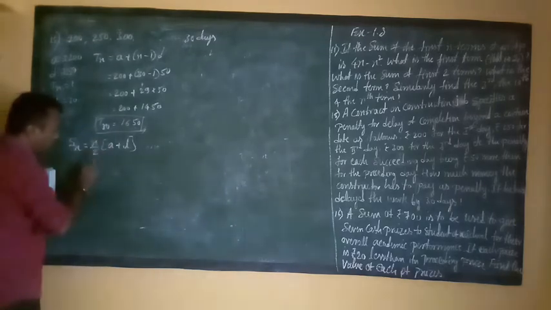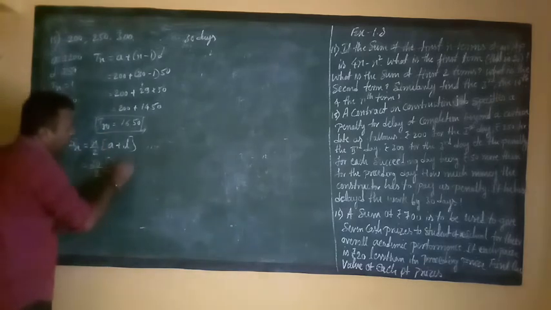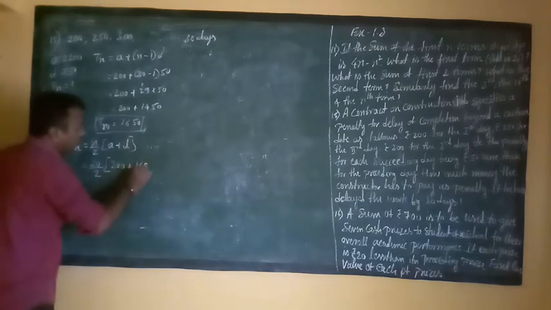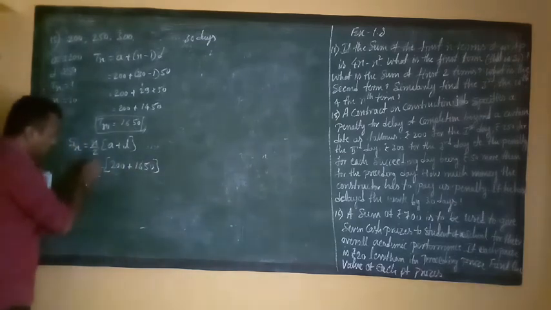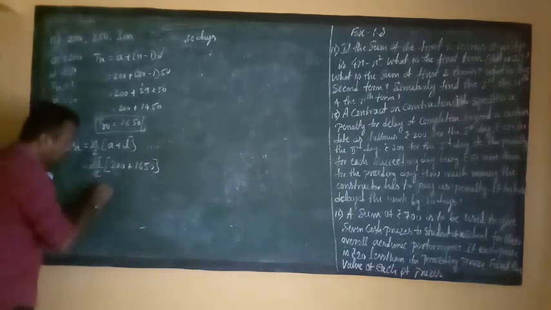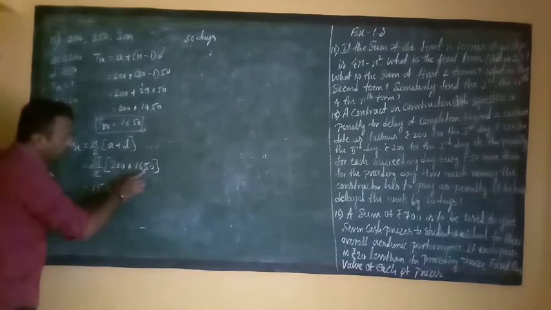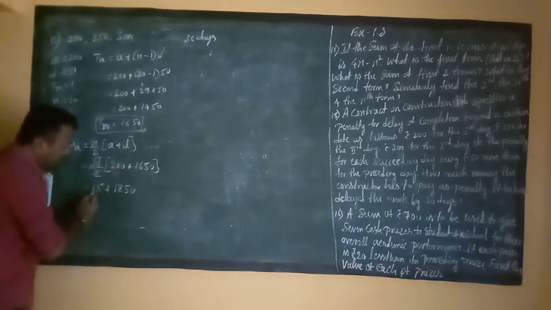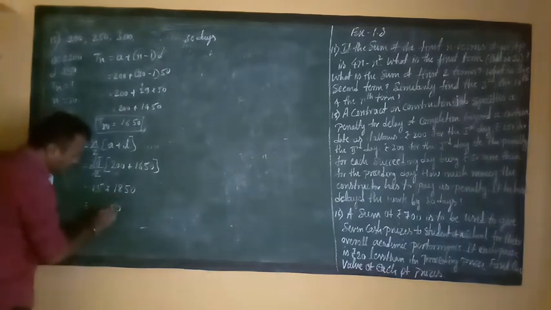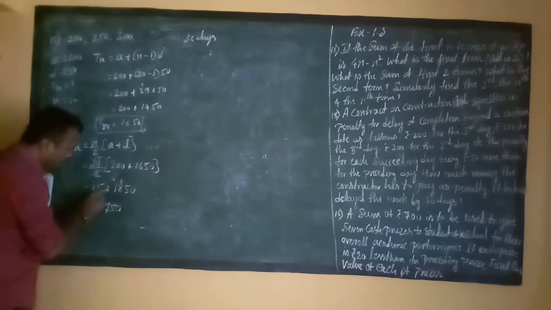So n means number of days, 30 by 2, into a means first penalty 200, the last penalty 1650. 2 ones are 2, 2 5s are 15, so 15 into 1650 plus 200, which is 1850. Next, 15 into 0, 0. 15 5s are 75, 7 carry. 15 8s are 120, 120 plus 7, 127, 12 carry. 15 ones are 15 plus 12, 27.